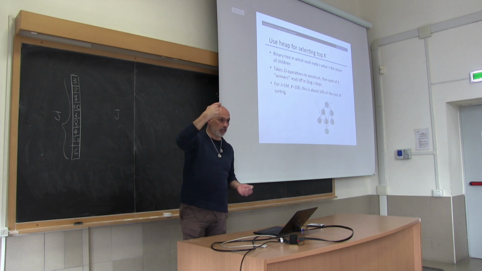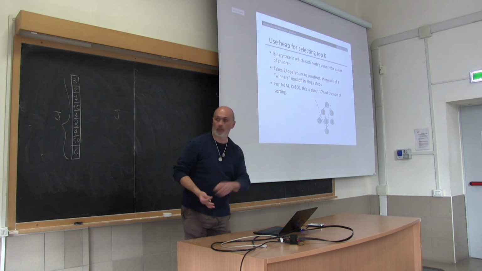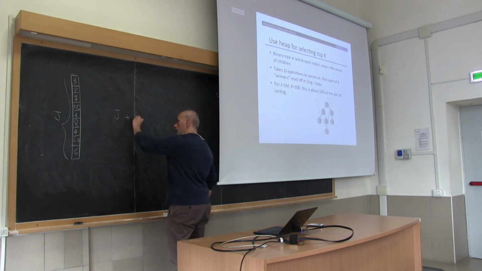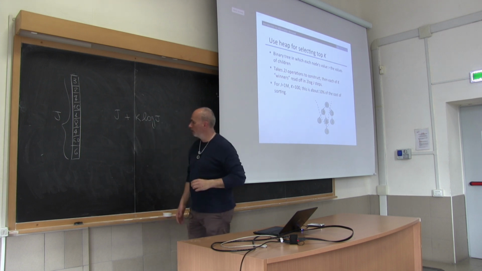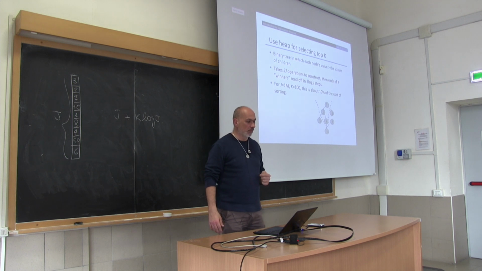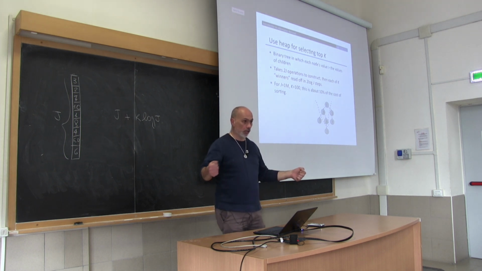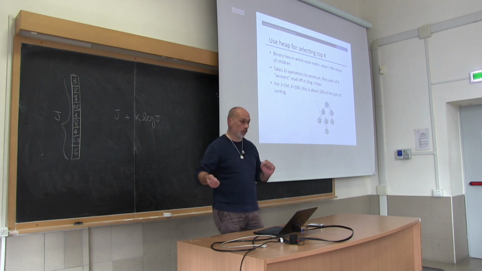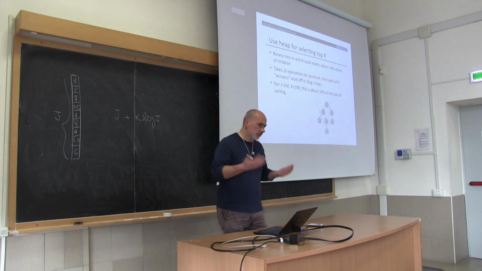Removing one item from a heap has a cost logarithmic in the size of the heap, so you pay k log j. There is some constant hidden here, but that's essentially the cost. That's the difference. If you apply sorting, that would be j log j. Here you pay j plus k log j.